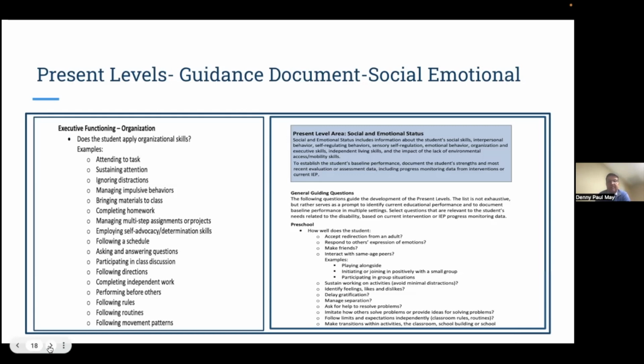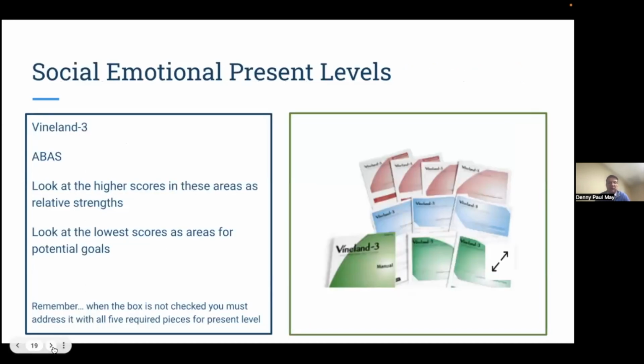Okay, they have a hard time managing themselves, setting goals, starting tasks, sticking to tasks, working within an appropriate amount of time, those types of things. So, we really see how the guidance document can be really beneficial to us.